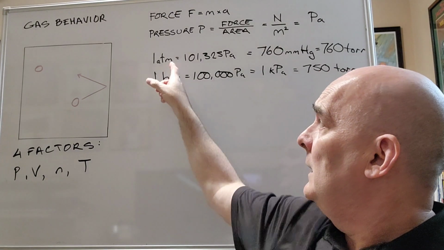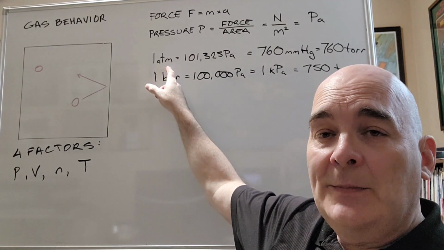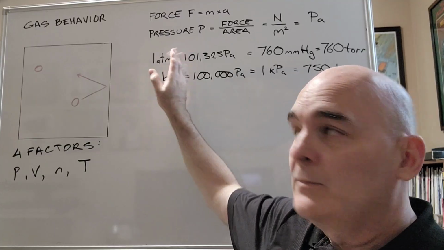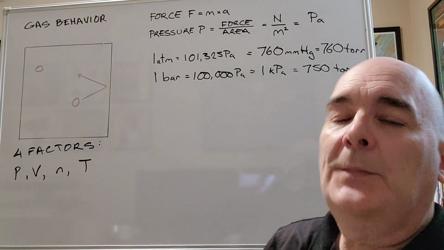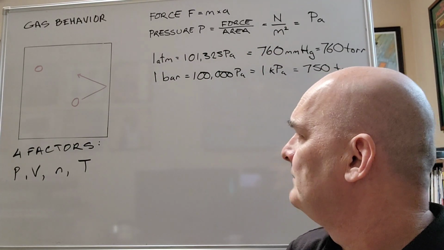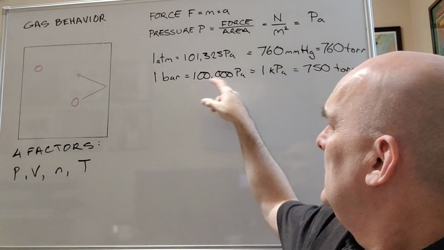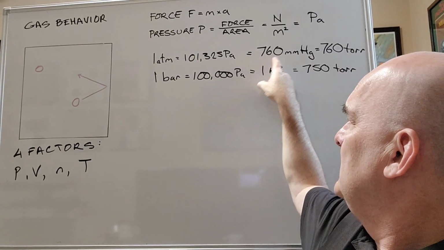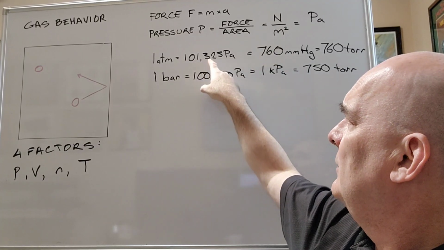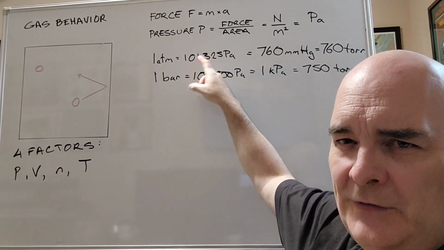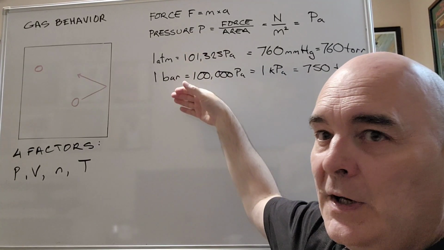So in previous terms, we'd use the atmosphere because it's easy. We're going to end up gravitating now towards the Pascal. Now there is another competing value, because 760 millimeters of mercury and 101,325 is kind of an ugly number, some rounding has happened.